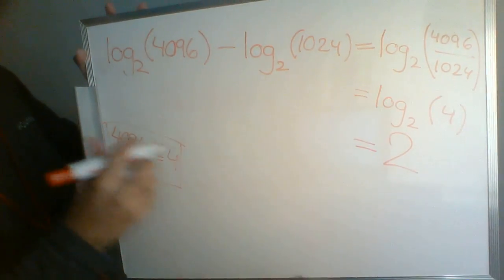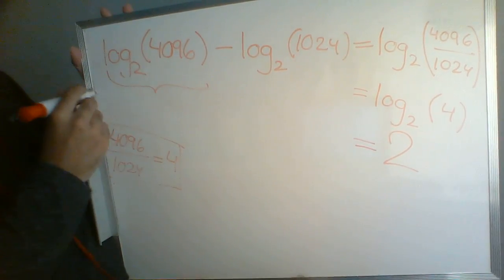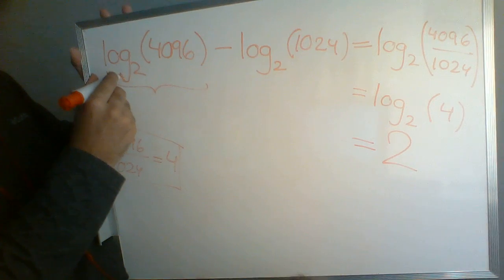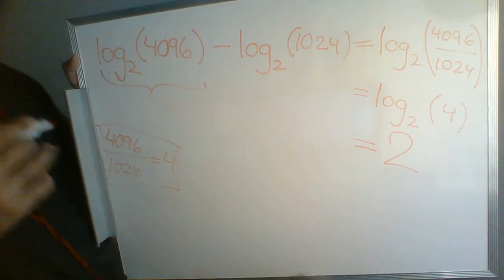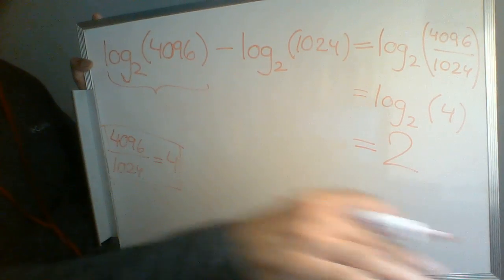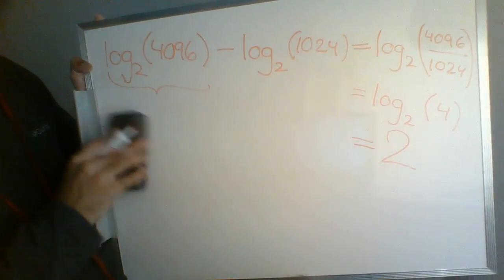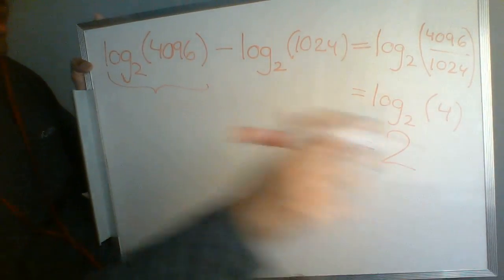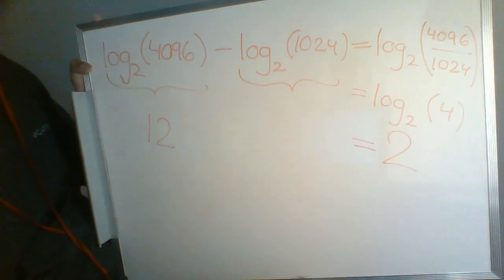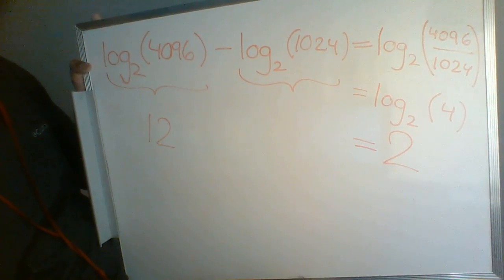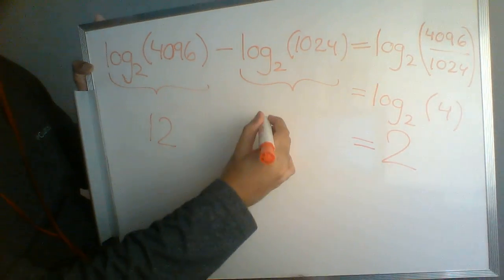If you wanted to solve it the other way, you could. For log base 2 of 4096, it turns out that if you multiply 2 by itself 12 times, you would get to 4096. So your answer to this first logarithm over here would be 12. And for this one right here, 2 multiplied by itself 10 times would give you 1024.